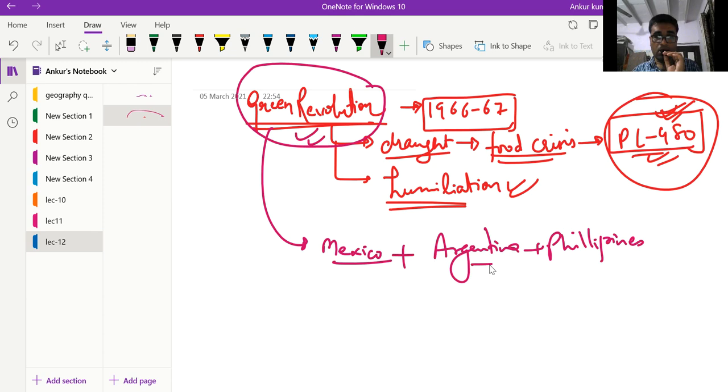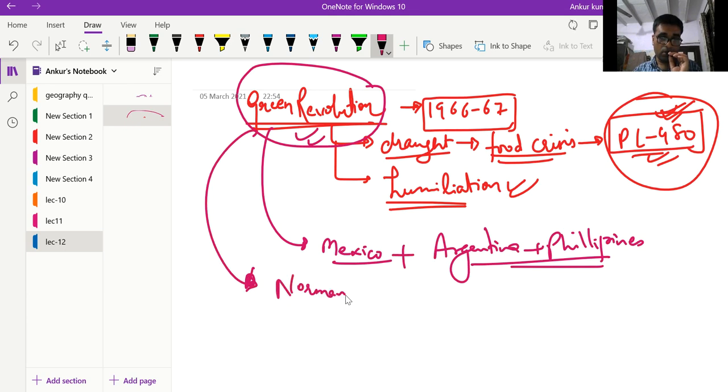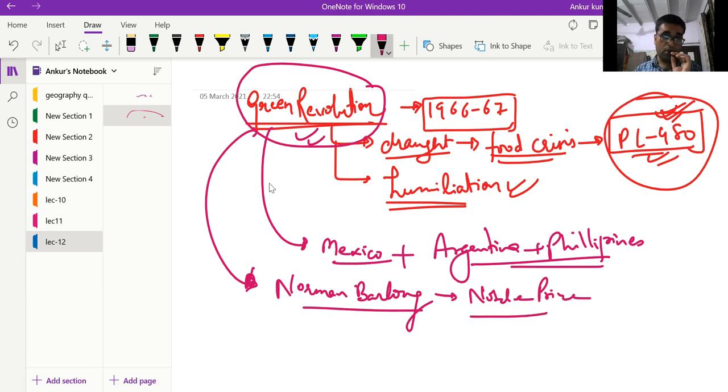It was a program based on the technology developed by Norman Borlaug. This person was given the Nobel Prize in 1970, and the technology was developed by the Rockefeller Institute.